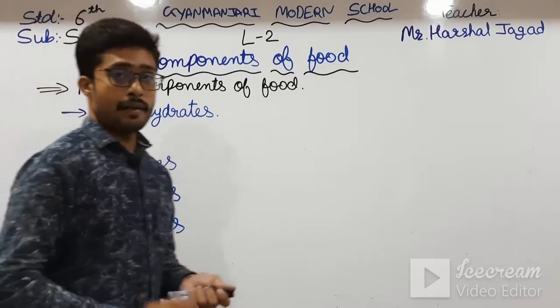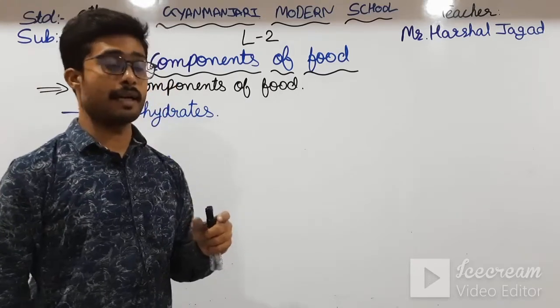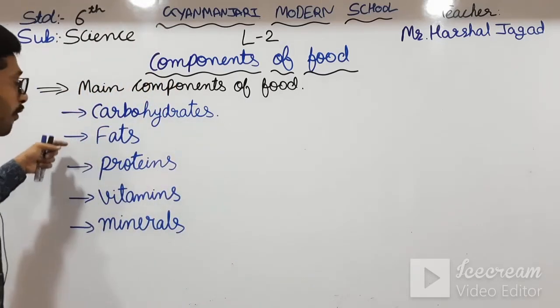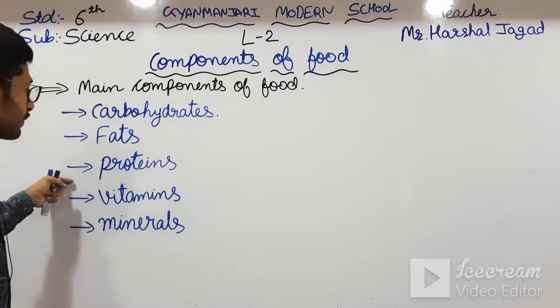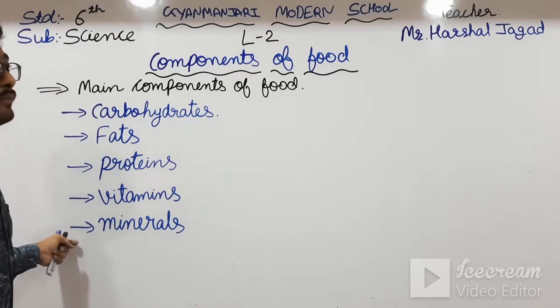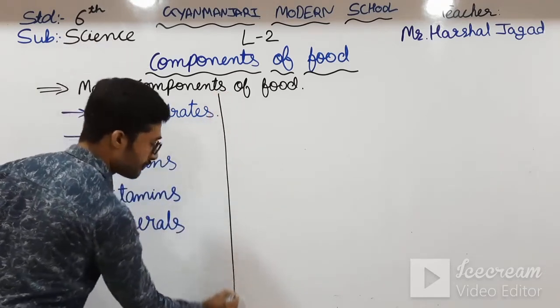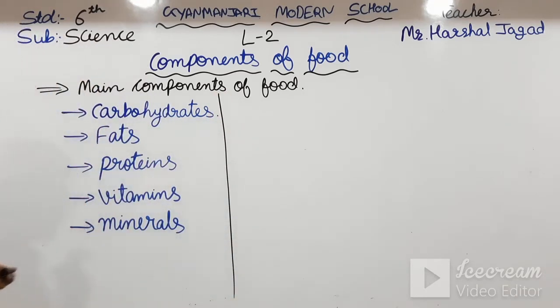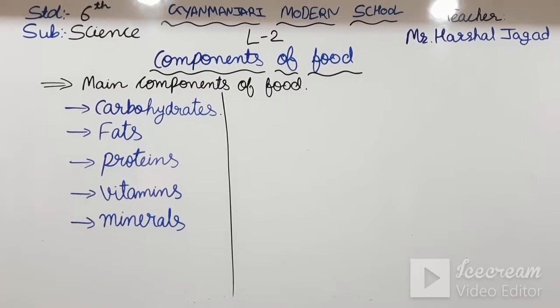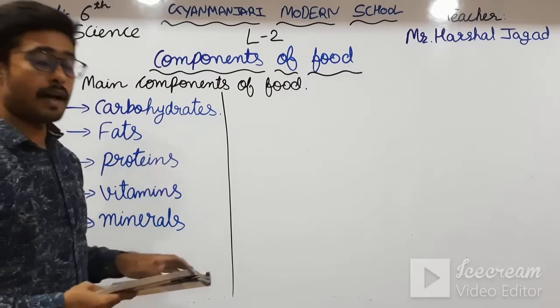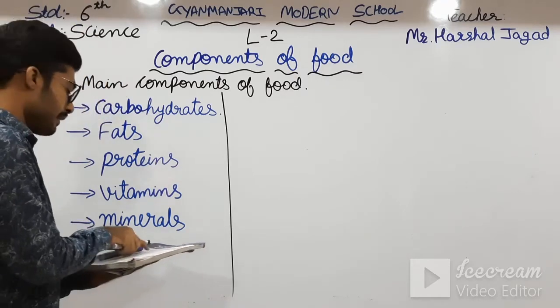Now we will see one by one what are carbohydrates, what are fats, what are proteins, what are vitamins, and what are minerals. First of all, students, we will see the carbohydrate. What is carbohydrate? Let us see that.